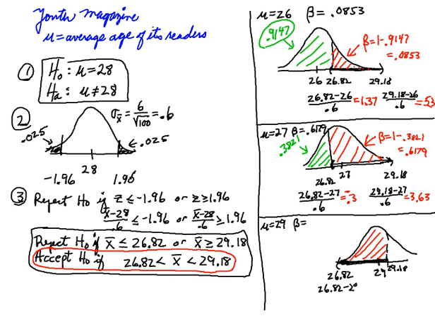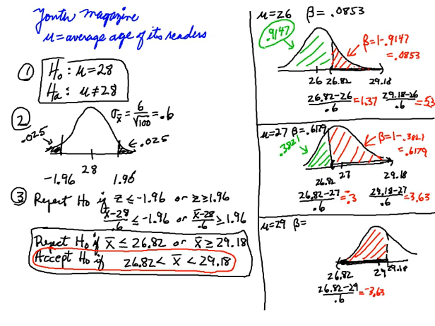This time subtracting 29, dividing by 0.6, and I get a negative 3.63. So the lower end of the interval is now sort of off the chart to the left.